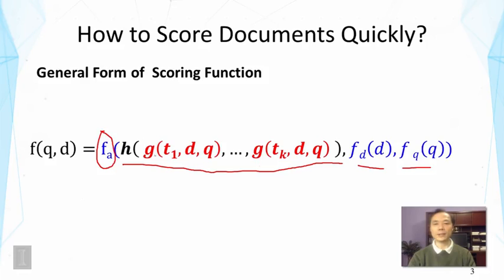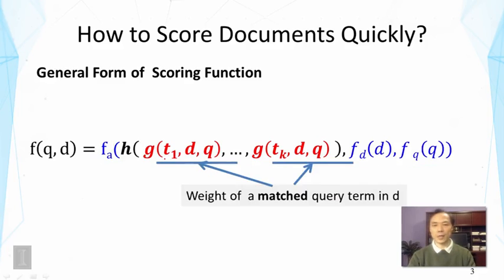Now, inside this h function, there are functions that would compute the weights of the contribution of a matched query term, t sub i. So this function g gives us the weight of a matched query term, t sub i, in document D. And this h function would then aggregate all these weights.